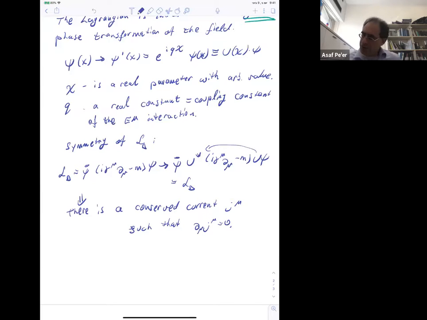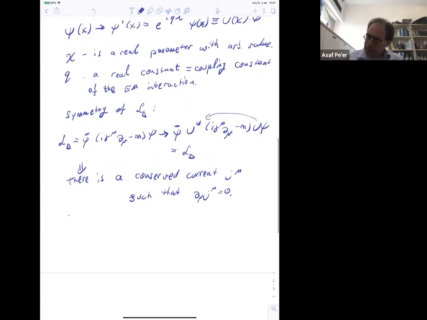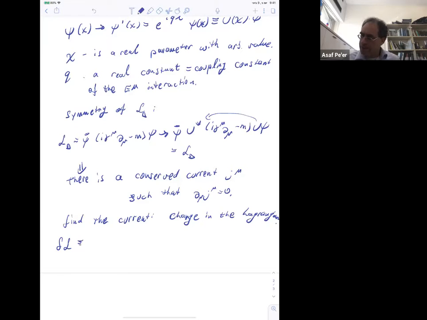Let's look at the change of the Lagrangian. Delta L. L is a function of psi, d mu psi, psi bar, and d mu psi bar.